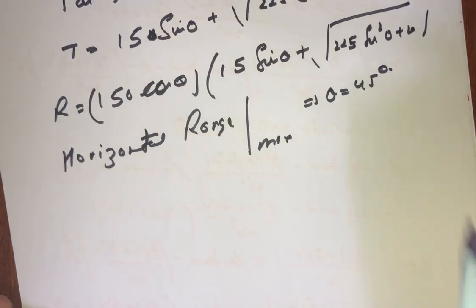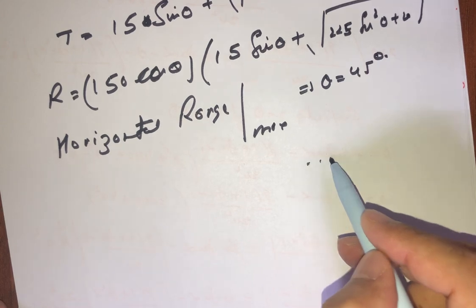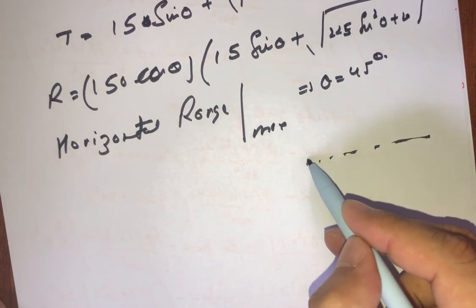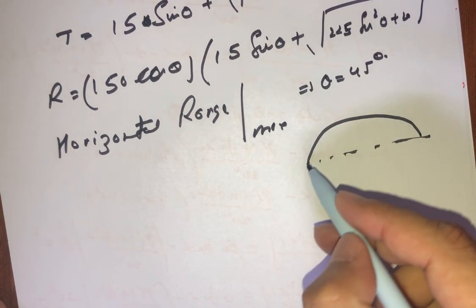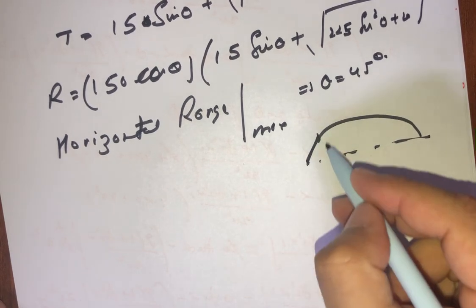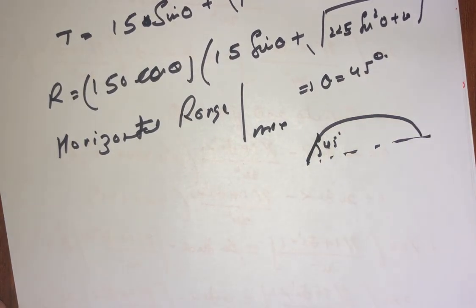But this is the case when the projectile is projected from ground to ground, like this. In that case, for R maximum, theta will be 45 degrees.